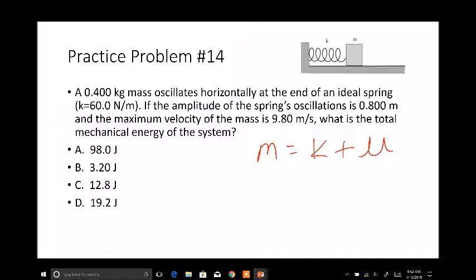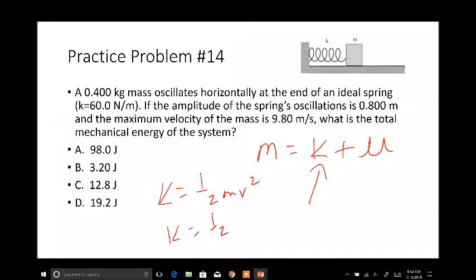So there's two ways we could calculate this. At its maximum velocity, we know that it has maximum kinetic energy, and essentially all the mechanical energy is kinetic. That maximum velocity happens when the displacement is zero. It happens at the equilibrium position. So we could use K equals 1/2 mv squared.